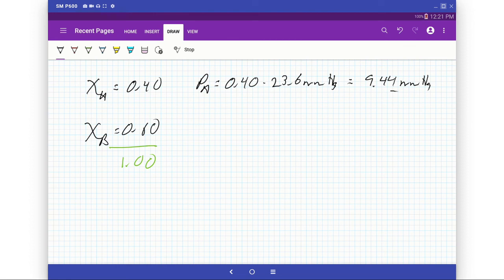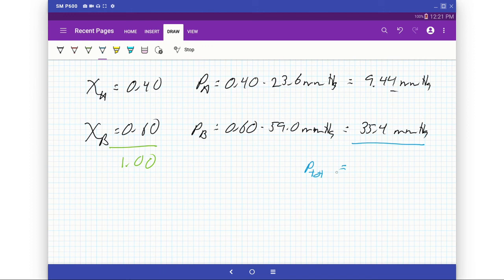The partial pressure of B would be 0.60 times 59. Add that all up and you get 35.4. The total pressure is these things added together, and that's 44.8 millimeters of mercury. And of course, this is in the solution.